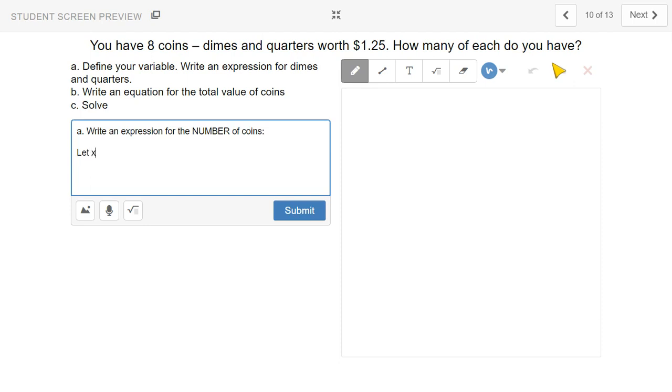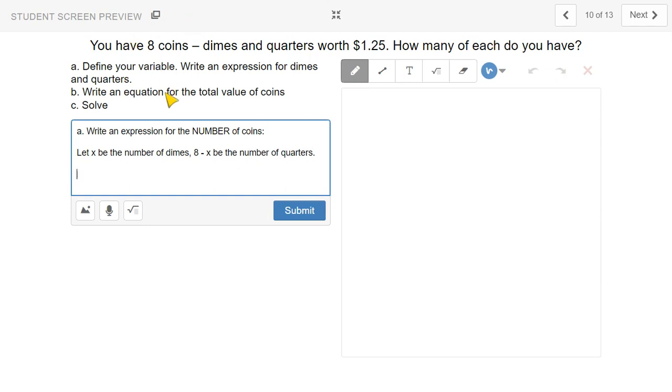So we're going to say let x be the number of dimes. So if x is the number of dimes, the difference of that would be the number of quarters. So 8 take away x will be the number of quarters.